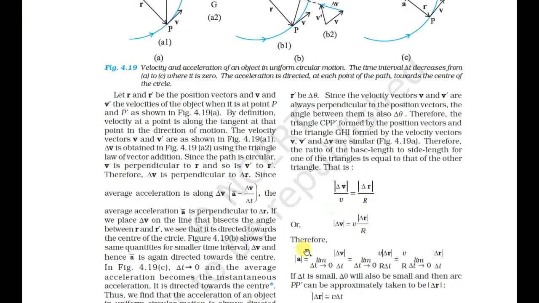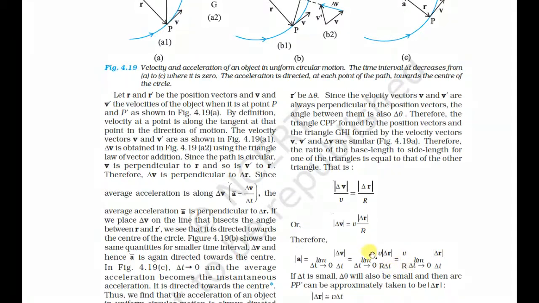We know that the acceleration is the limit as delta t tends to 0 of delta v by delta t. Here delta v is equal to v into delta r upon R into delta t.